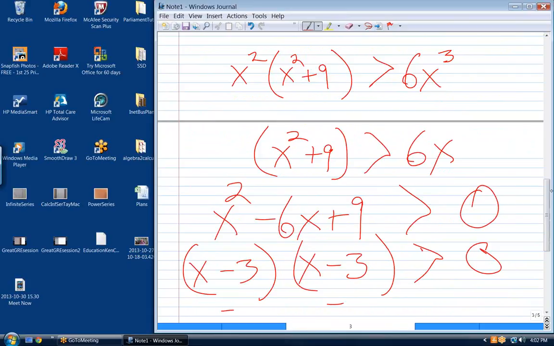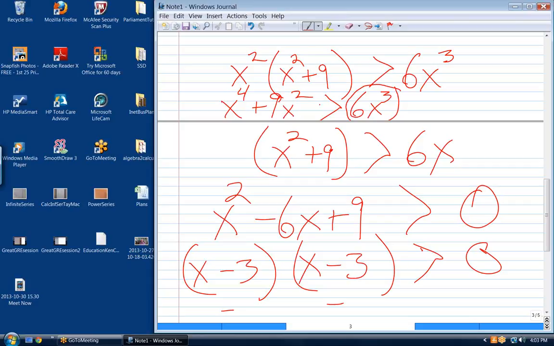Notice why that's got to be the case. Let's go back and distribute this and see what we have. x to the 4th plus 9x squared. Is that greater than 6x cubed? Notice that for all negative x it is, because for all negative x, the right side is going to be negative and the left side is going to be positive.